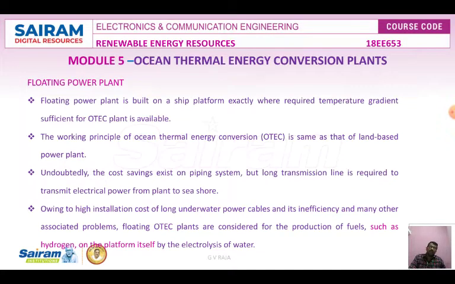We use long pipes in the land-based system, but here the power plant is installed on the ship itself. Compared to the land-based power plant, long pipes are not required.